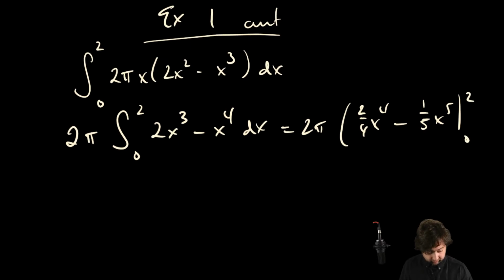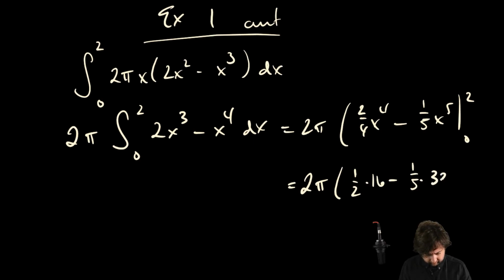When you punch through and grind out the numbers, I think what you end up with is 2 pi, so there's a 1/2 and then a 16 minus 1/5 times 32. And when the dust clears, what you should get is 16 over 5 pi.